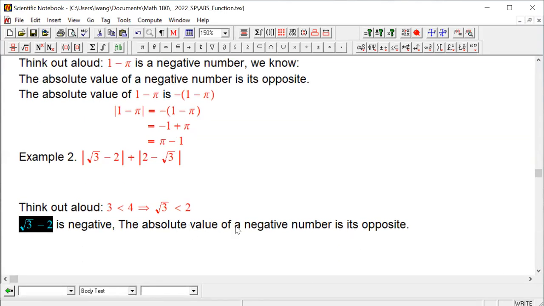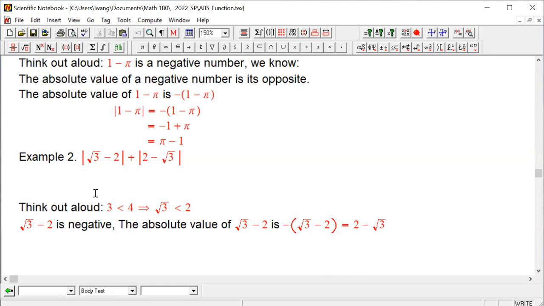So the absolute value of a negative number in this case is the opposite of root 3 minus 2, and its opposite is just you put a negative sign in front of it. That's all. And of course, this is going to give you 2 minus root 3.